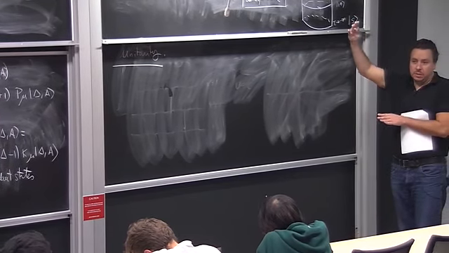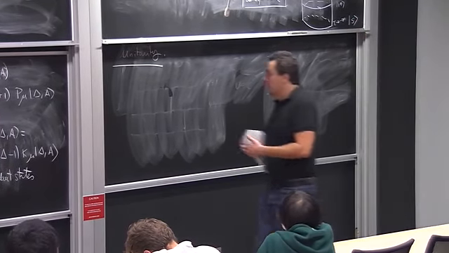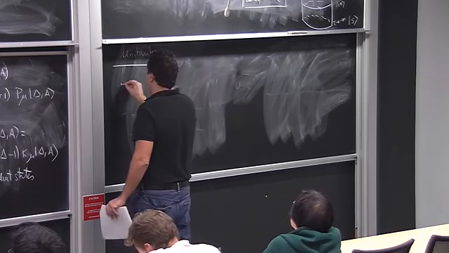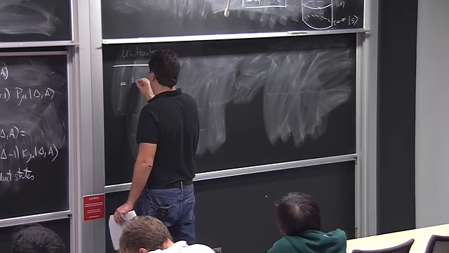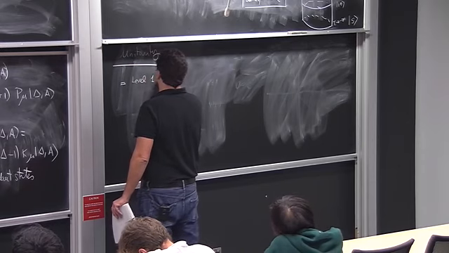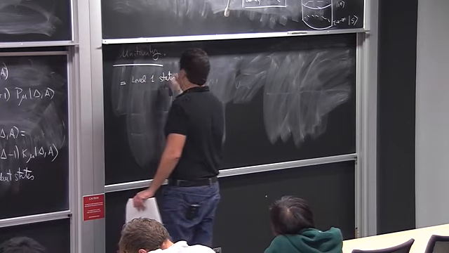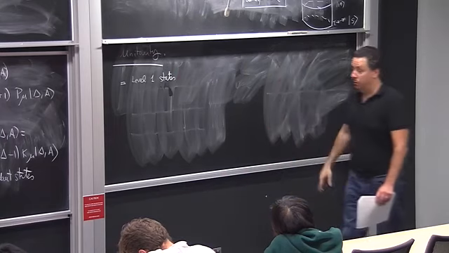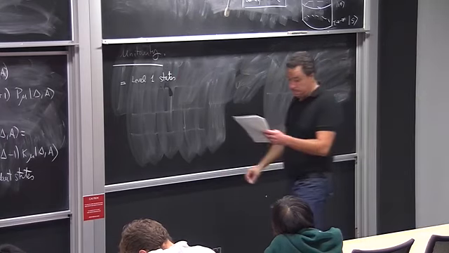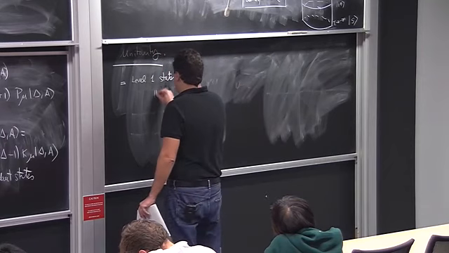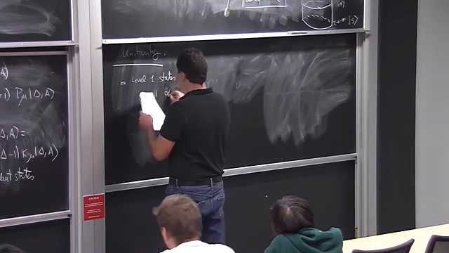States with different energy will trivially give you 0. They're orthogonal. So now let's start with the first non-trivial constraint, which comes from level 1 states. So these are states that are created from the primary state by acting with P. Okay? And we want to study essentially the following object.